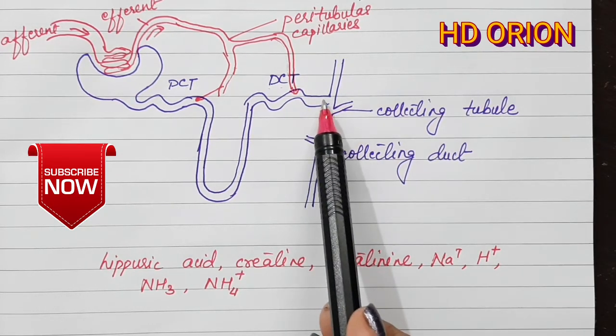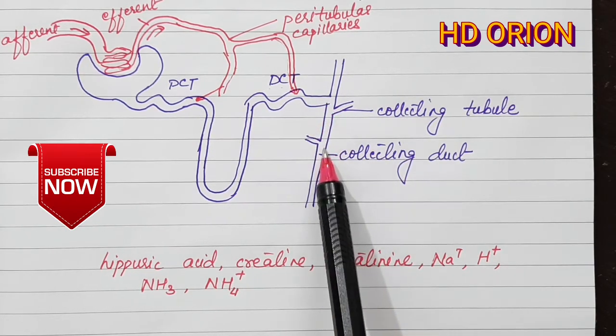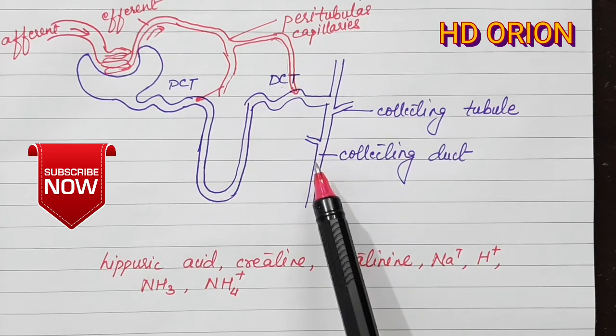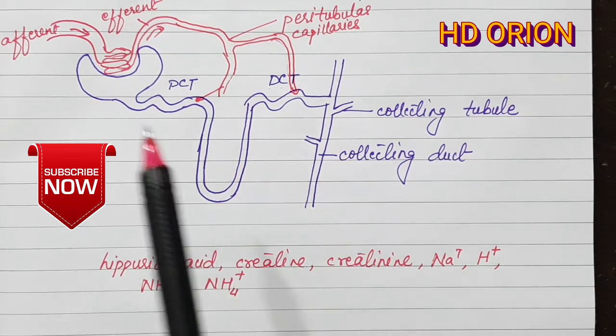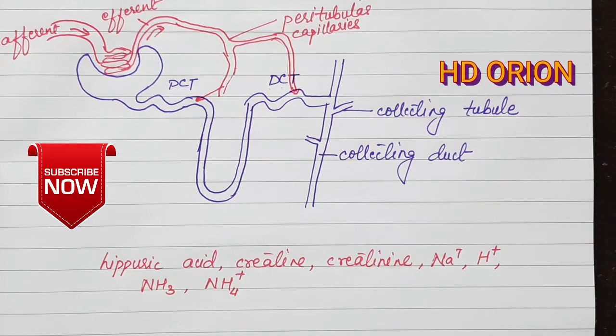So this takes place in the DCT, and then from the collecting tubule it runs down the collecting duct to open into the renal pelvis and out from the ureter into the urinary bladder. So this is the third step that we call tubular secretion. So this is all about the mechanism of urine formation.